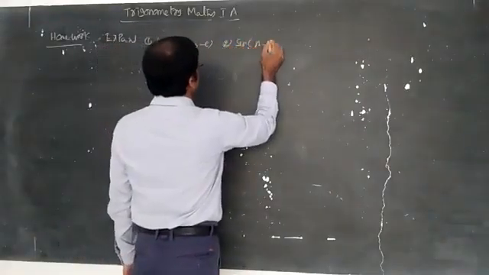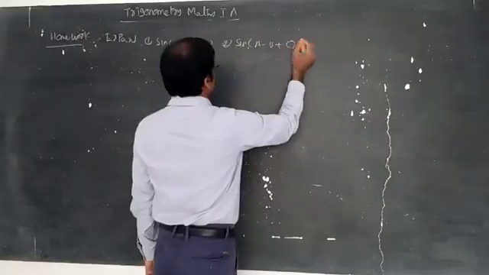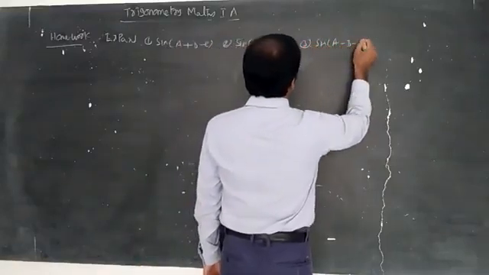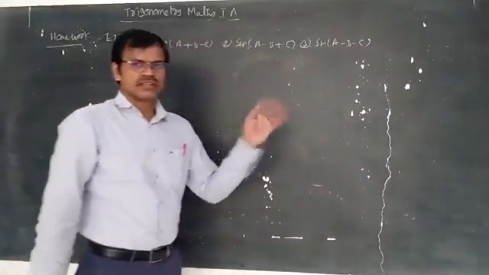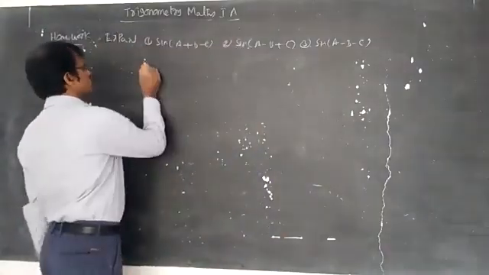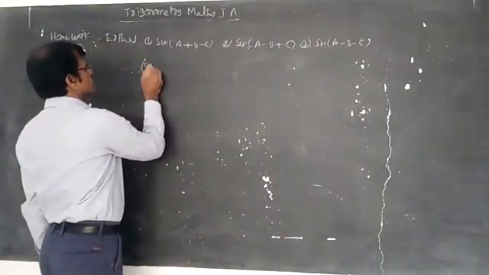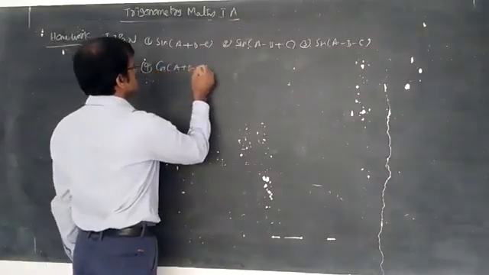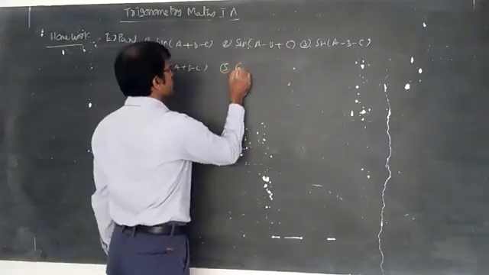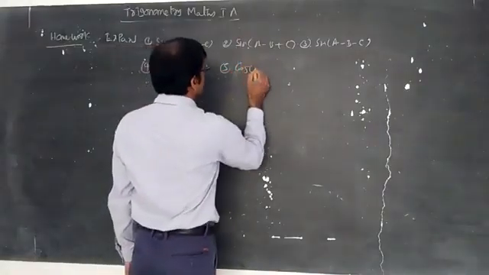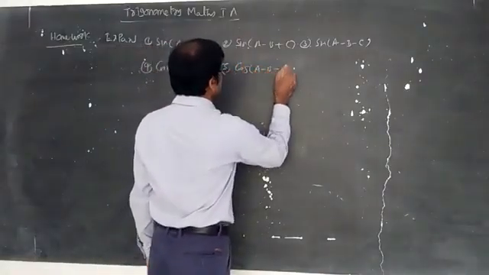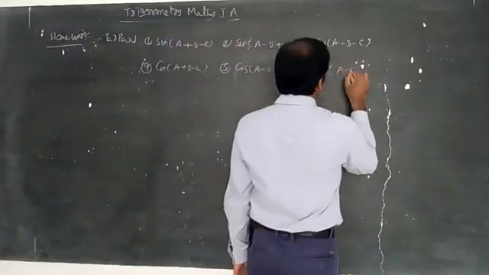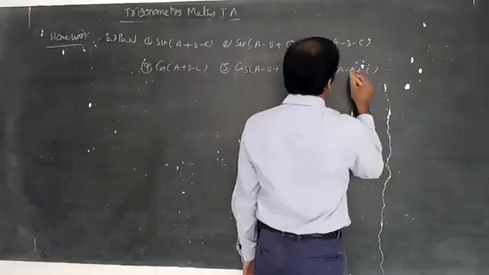Second one, sine of a minus b plus c. Third one, sine of a minus b minus c. In a similar way, cos or tan. Fourth one, cos of a plus b minus c. Fifth one, cos of a minus b plus c. Sixth one, cos of a minus b minus c.